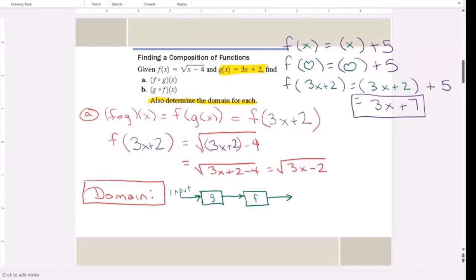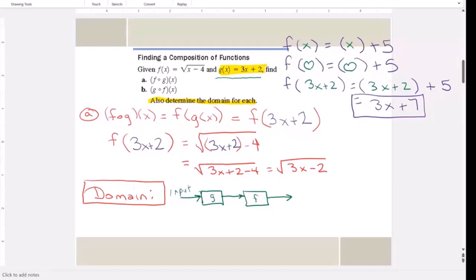So I look up here at my g of x, and is there any value of x that is unacceptable to put in there? Is there anything that would make the denominator equal to 0? Is there anything that would make me take the square root of a negative number? Is there anything that shows me that there are some values of x that will not be allowed?